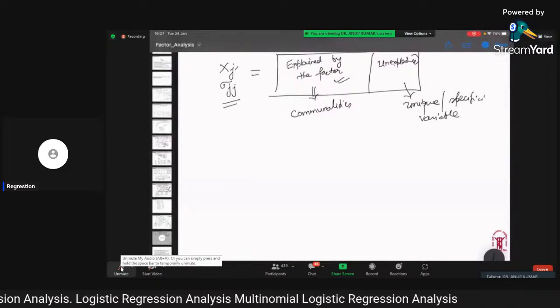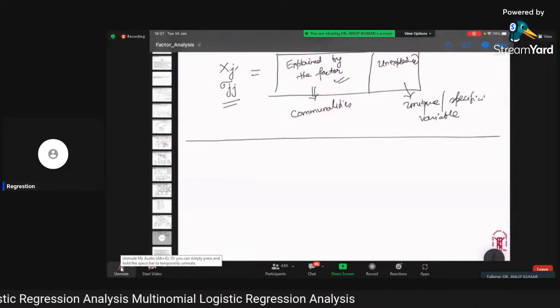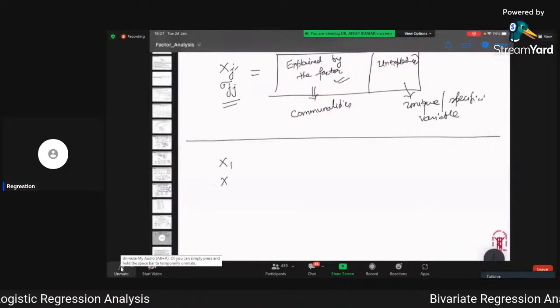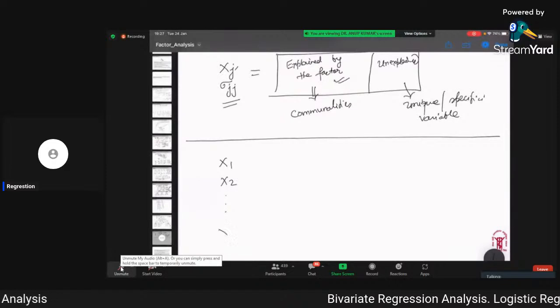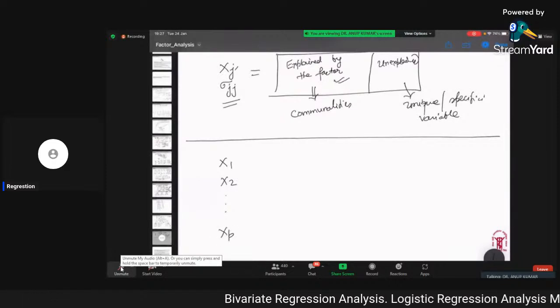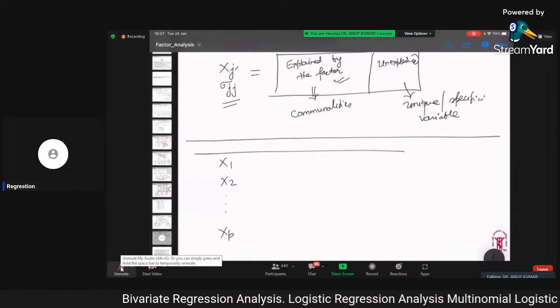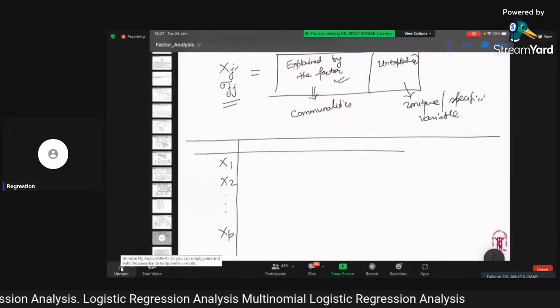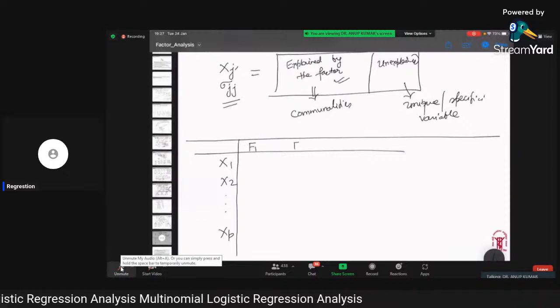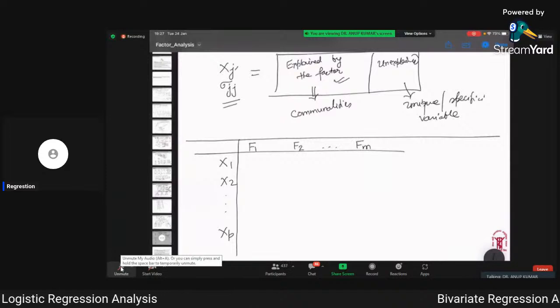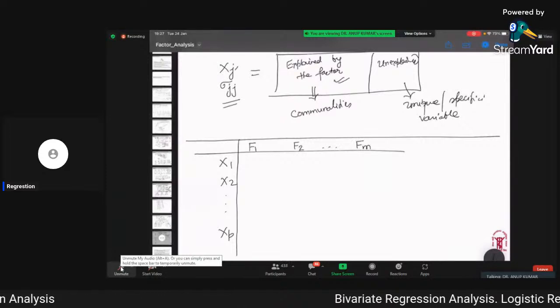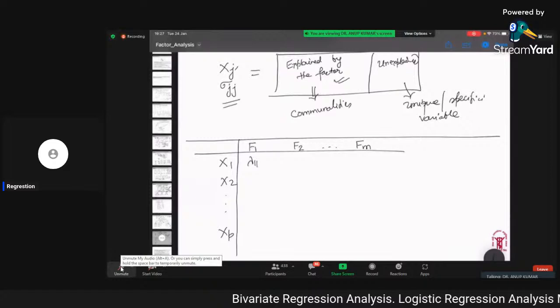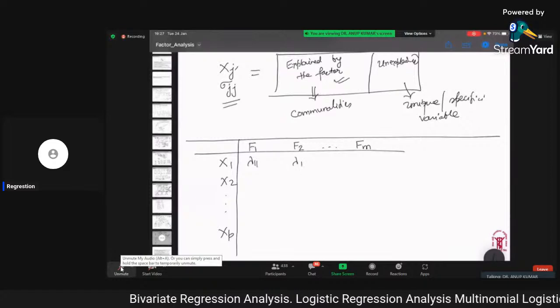So what I have discussed up to now is that you have some observable variables, and with the help of these unobservable variables you are trying to quantify, to measure these unobservable quantities, and you have said that these are the factor loadings.